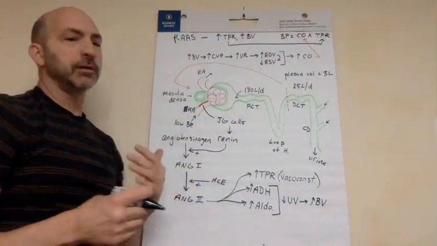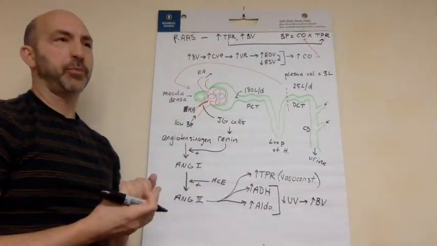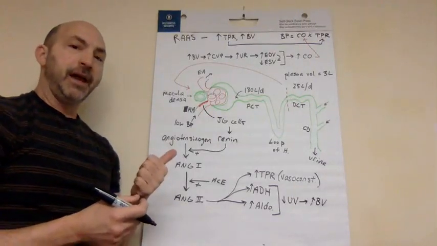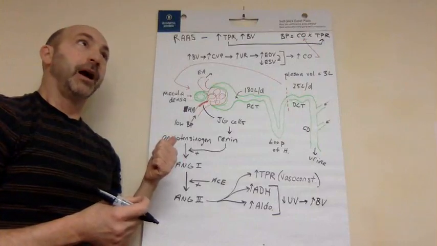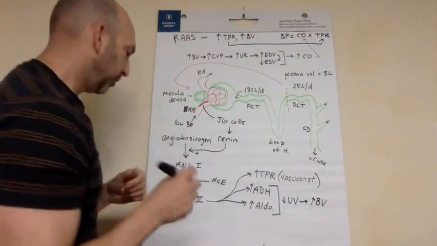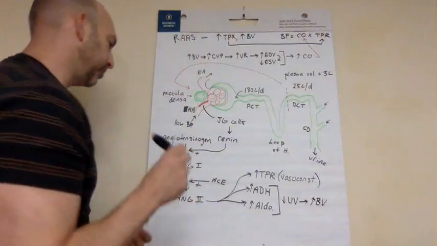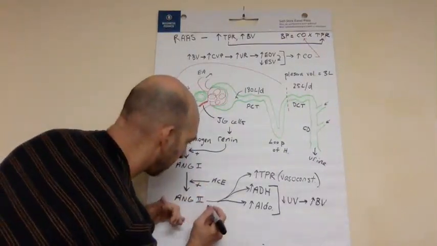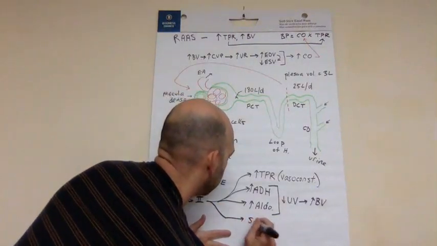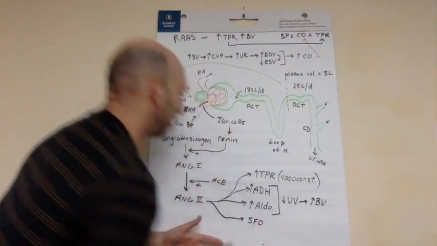Now, one other thing that angiotensin II does pretty effectively is it stimulates thirst, and it stimulates salt intake. They call it salt hunger, right? Your sort of drive to eat salt in your diet. And it does that by acting at what's called the SFO, the subfornical organ.